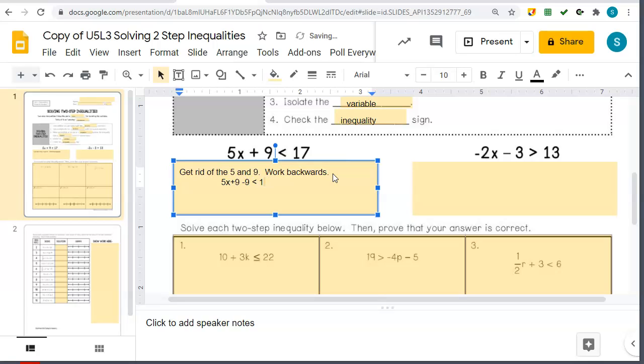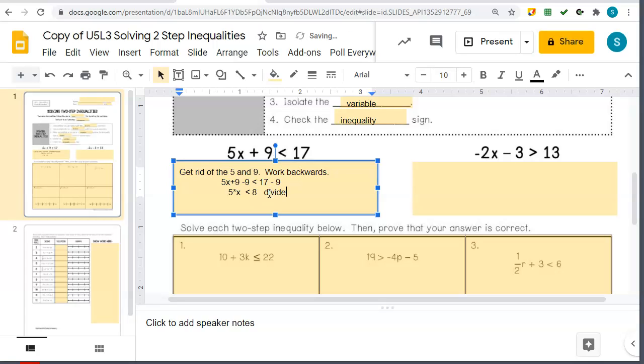And then 17 minus 9. So that gives us our new inequality, 5x, so 5 times x, remember, a number next to a letter means multiply, is less than, well, let's do 17 minus 9. That should be 8, right? Now, let's figure out how do we get rid of that multiply by 5.